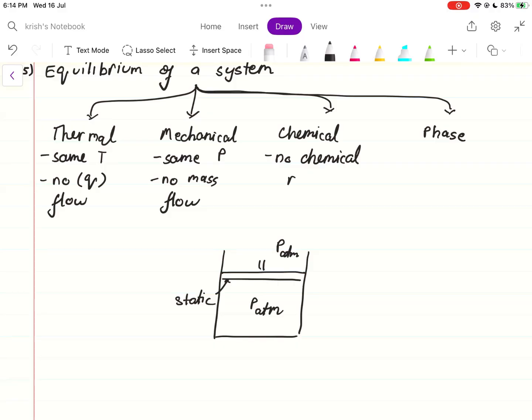However, this is not that important for us because this is not a chemistry focused course. This is a thermodynamics course. And phase equilibrium can only happen obviously when there are two or more phases present, because how can only one phase be in equilibrium with itself? So phase equilibrium means mass of the two phases does not change.